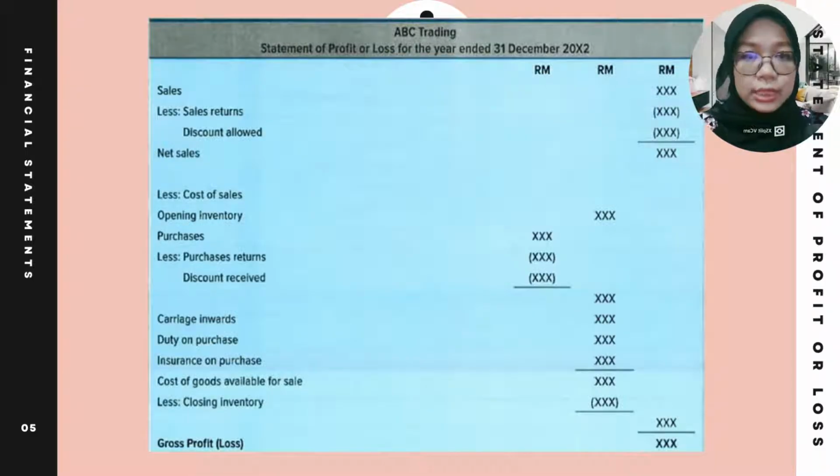So in this slide, I'll show you an example of the format of the statement of profit or loss. We should start with the business name, the company name, for example here ABC Trading, and then the title should be Statement of Profit or Loss for the year ended blah blah blah, depending on the year end of the business.